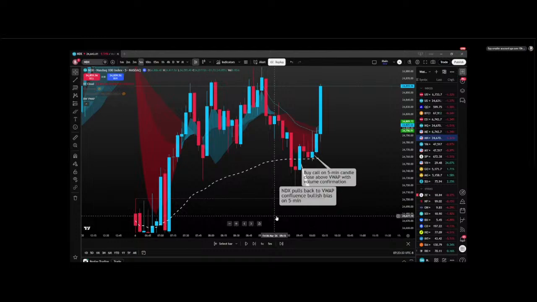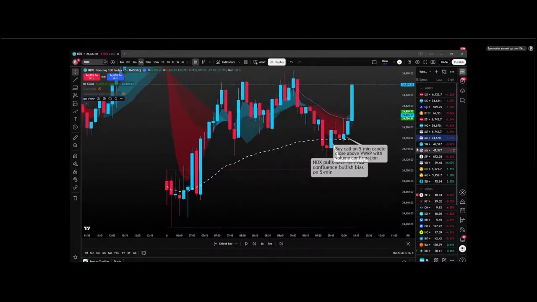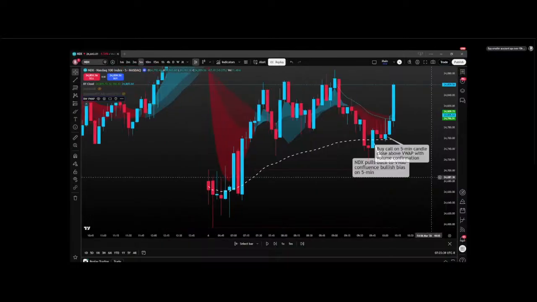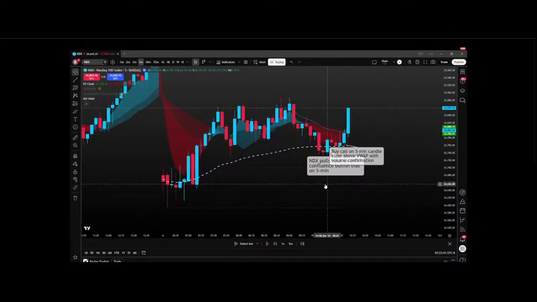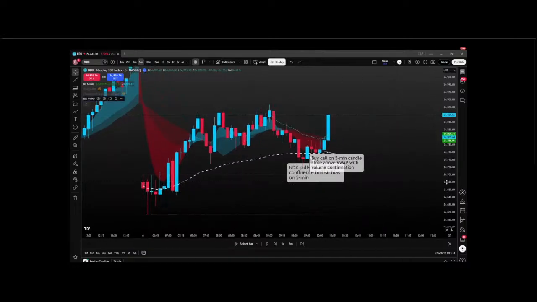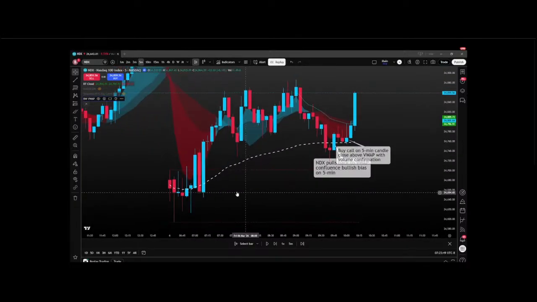So here's an example of market open. This was on Friday. As we see, market opens right here, 6:30 a.m. Well, it's 9:30 for y'all on the East Coast.